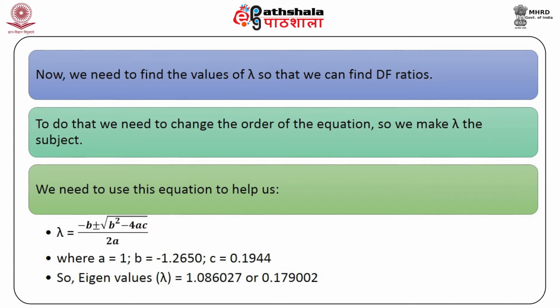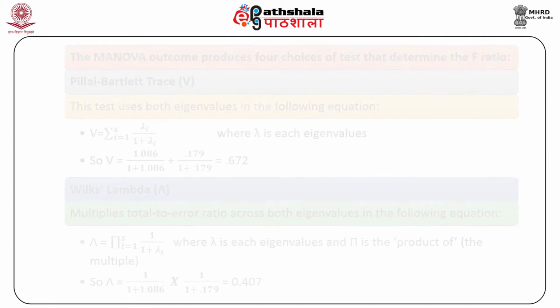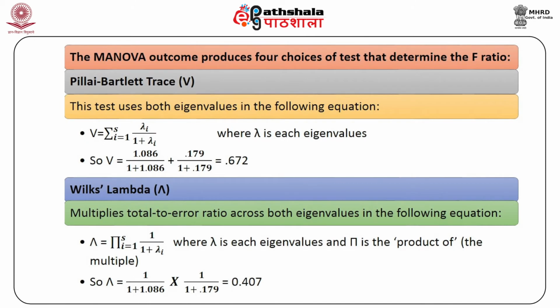Upon calculating the roots of the quadratic equation, we find the eigenvalues lambda to be equal to 1.086027 or 0.17902.